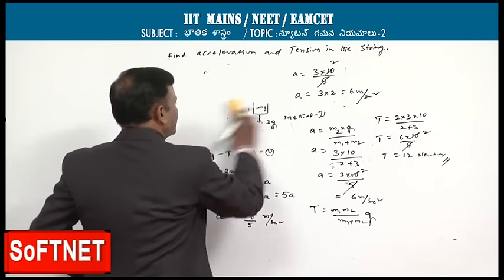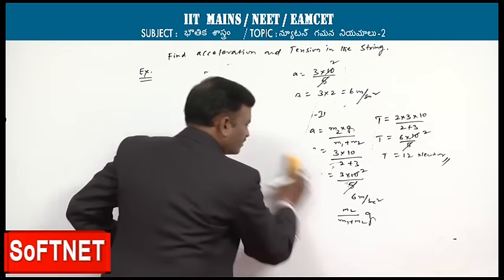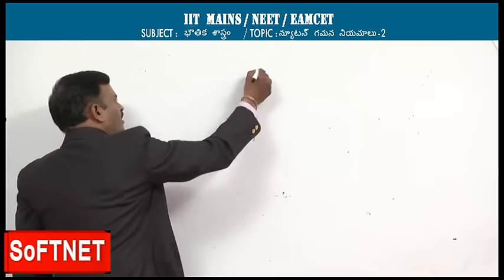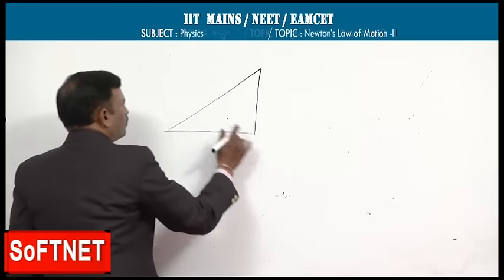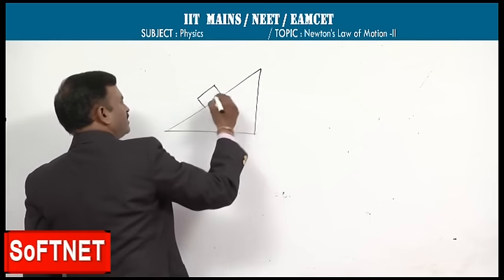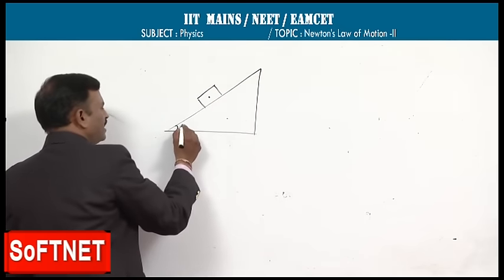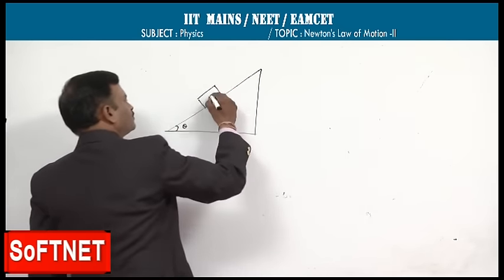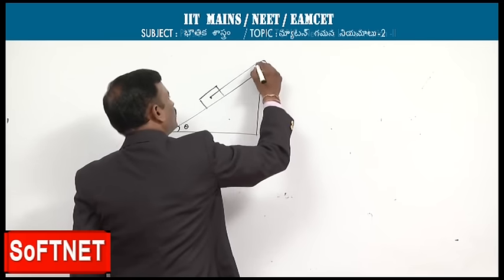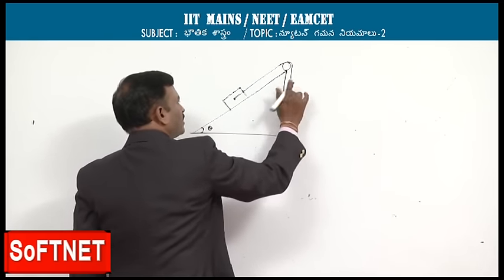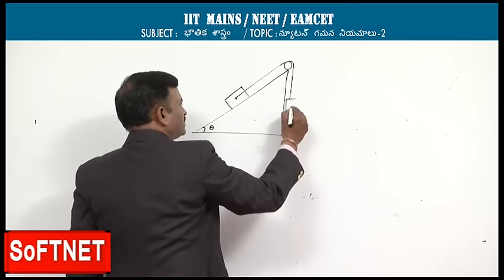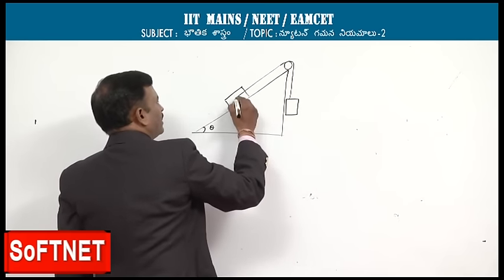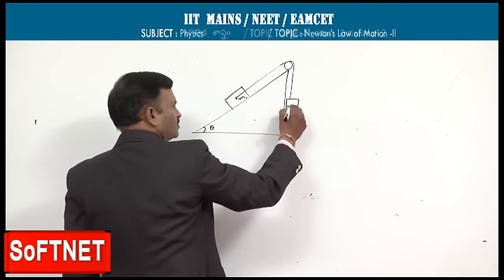Now let us take another model of connected bodies. One body on an inclined plane, the other body on a vertical plane. It is making an angle theta, assume. There is a pulley over here. Over the pulley, an object is suspended here. It is mass m1, assume this is m2.